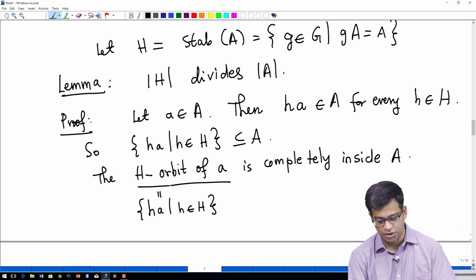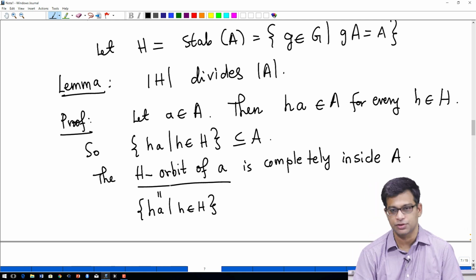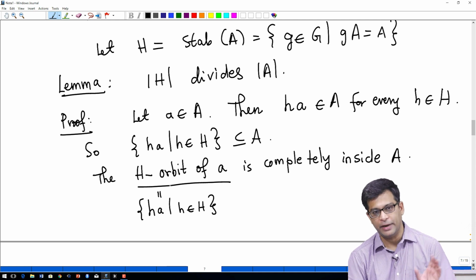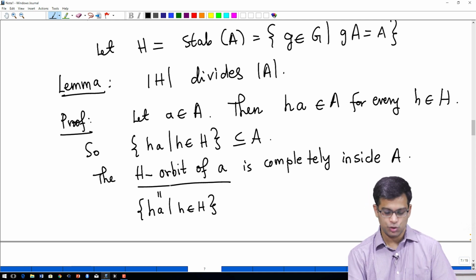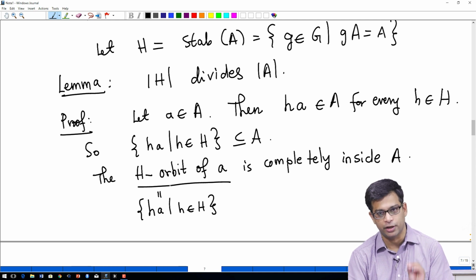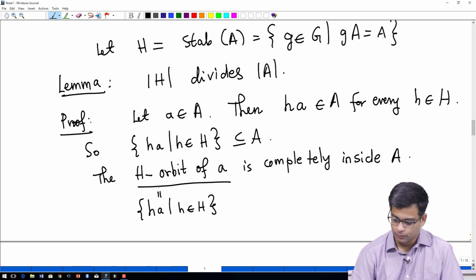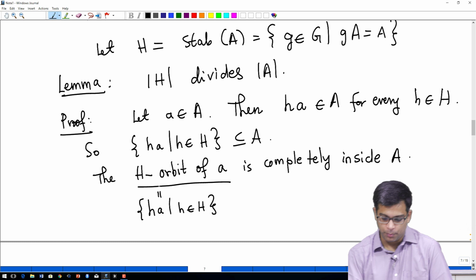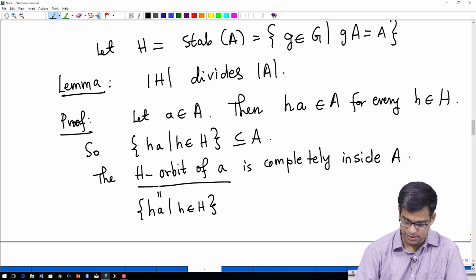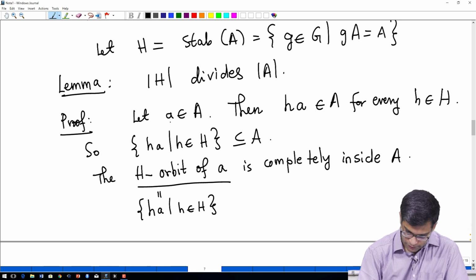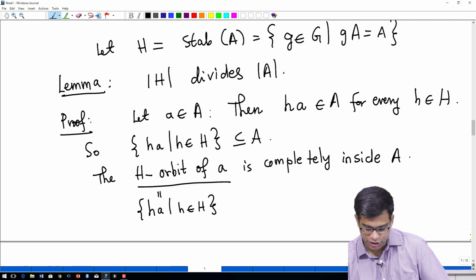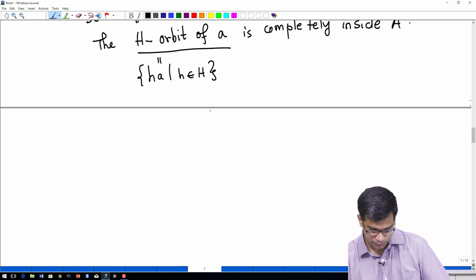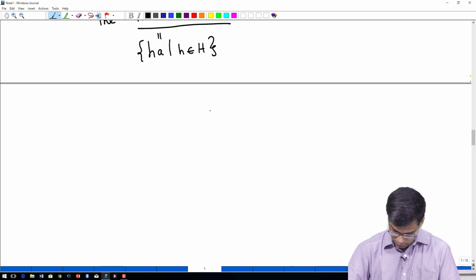Earlier I was considering the G action, now I am considering the H action. So orbits are dependent on the group which is acting. To stress that, here I am looking at the action of capital H, so I am talking about the H orbit. The point is, capital H is the stabilizer of A. So if small a is in capital A, the H orbit of small a is completely inside A.